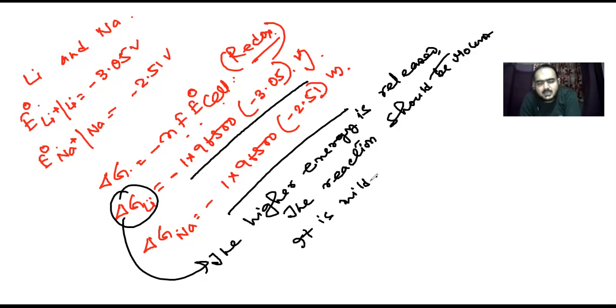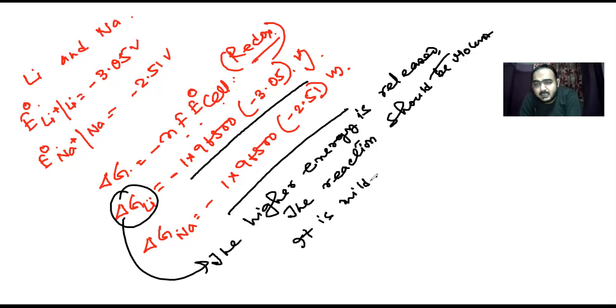But as lithium is the hardest, the maximum amount of energy released during the reaction with water is spent to melt more and more lithium atoms. That's why the amount of energy released is very small, so the reaction becomes mild in nature.